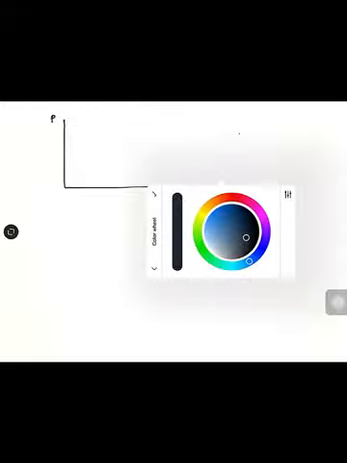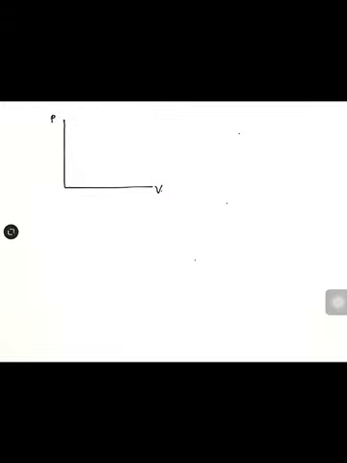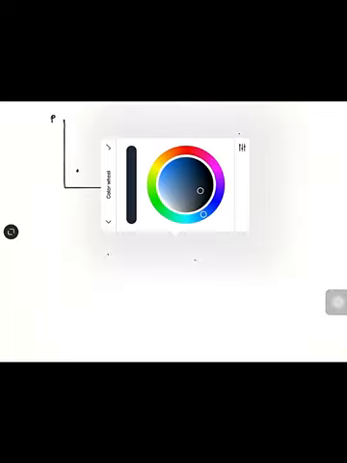So I have to draw again the PV diagram. So we have point 1 here. This is our point 2.